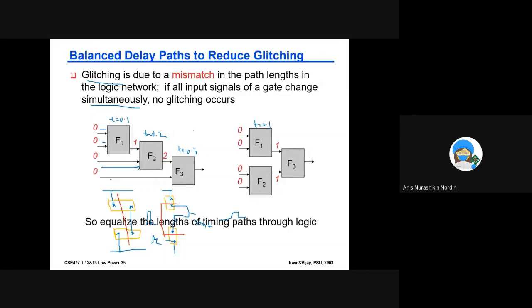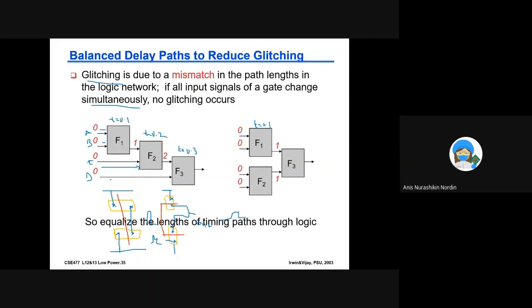All right. So for this circuit on the left, let's say this is guy A, this is guy B, this is guy C, and this is guy D. Which guy is the slowest? Anybody? A. Slowest.